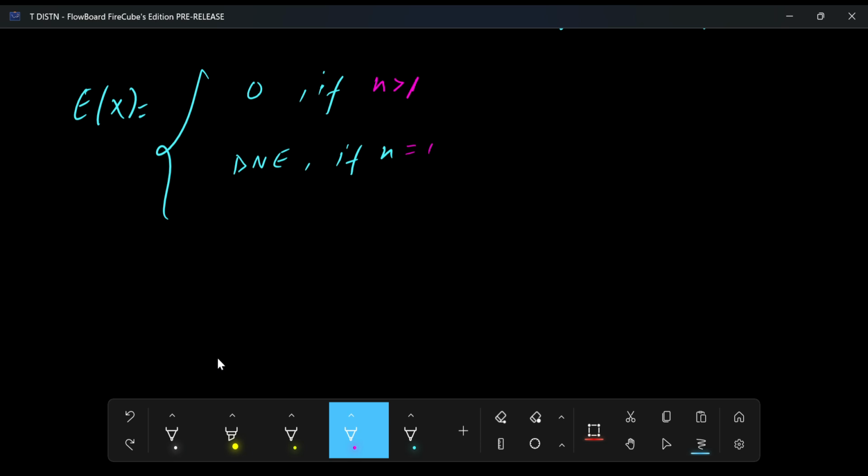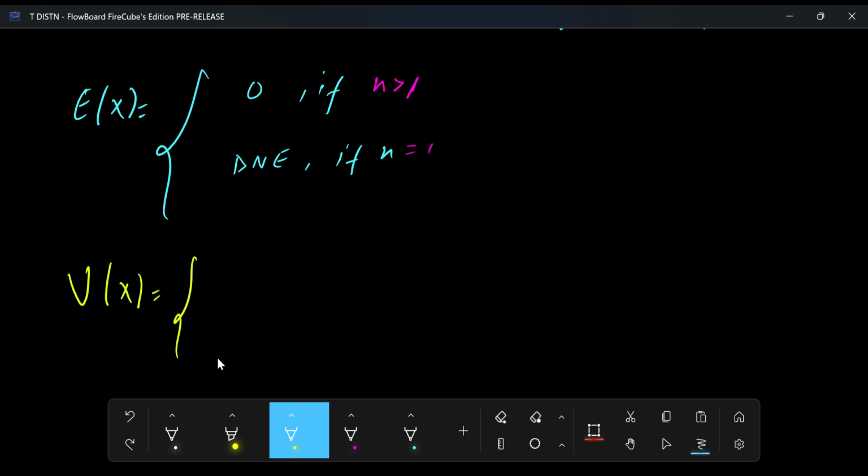So in general, you remember expectation of t distribution is 0, and variance of t distribution is n by n minus 2 if n is greater or equal to 2, or does not exist if n is equal to 1.